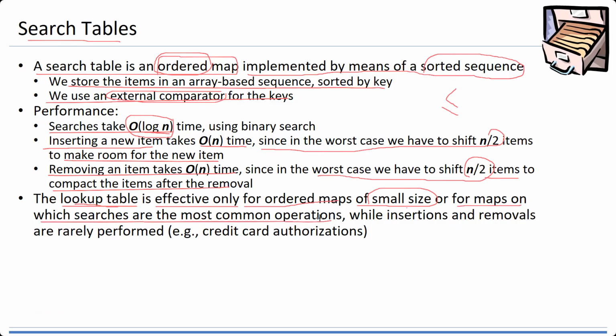So whenever you have very big data, you can put the data into search tables if your function is mainly about search, while insertion and removal are rarely performed. For example, credit card authorizations. If you are working at a credit card company or a bank, credit card authorization will be good using the search table.